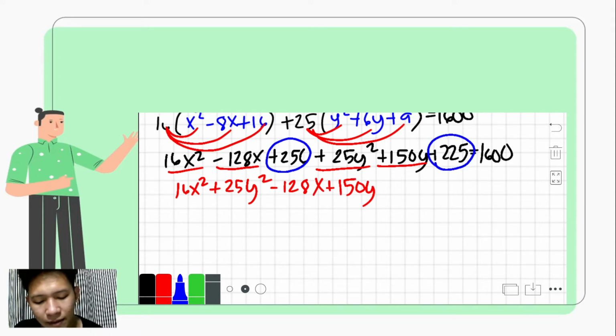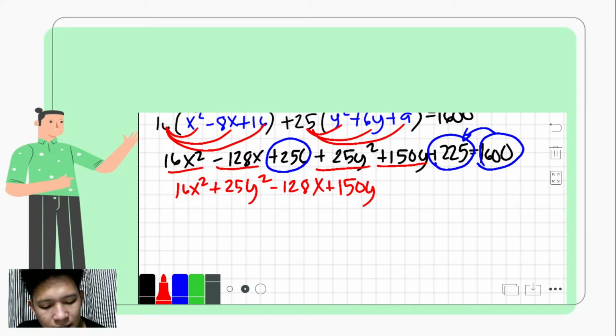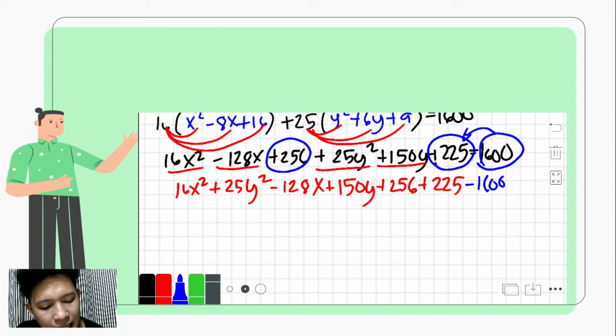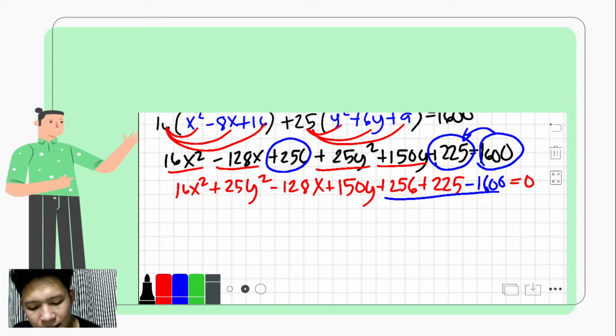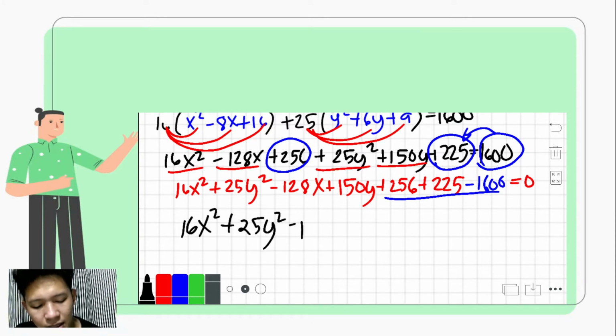positive 225. Okay? Actually, this should be together with the 1,600, but we first transpose it to the other side of the equation, making this positive 256 plus 225 minus 1,600 because we transposed it to the other side of the equation, equals 0. And then, let us simplify this. So, we would have 16x squared plus 25y squared minus 128x plus 150y.